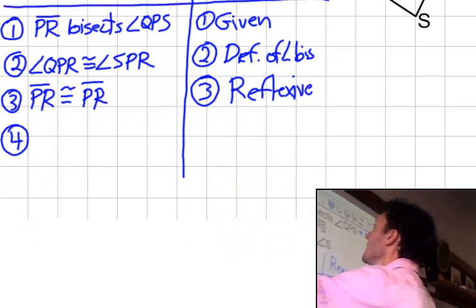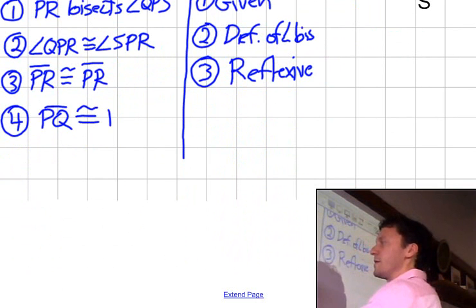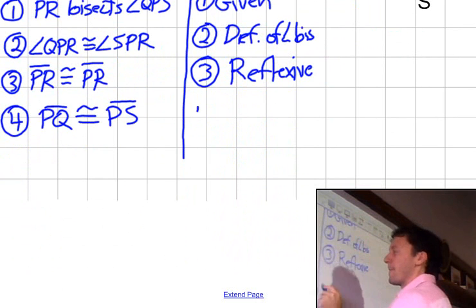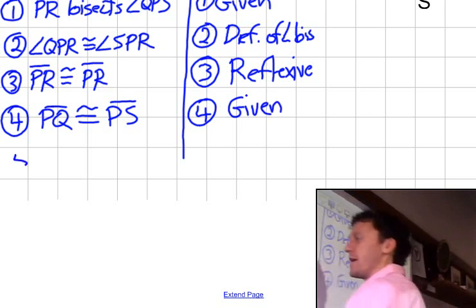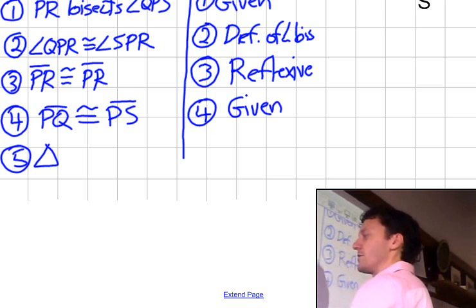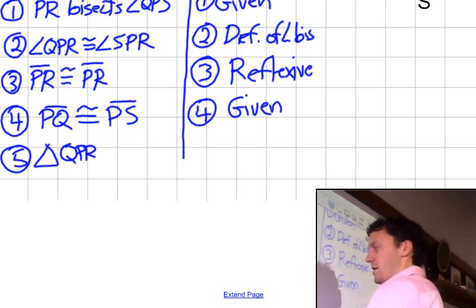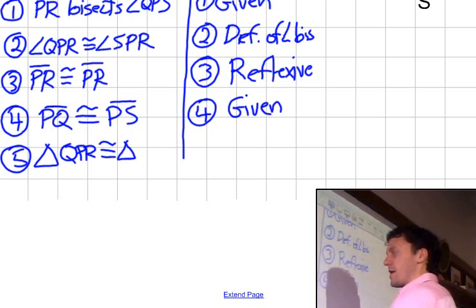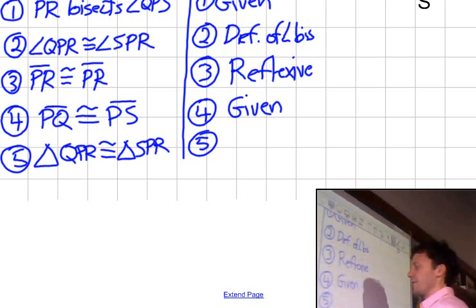It was given to us that PQ is congruent to PS. So that is given. All right. So now finally I can say that triangle QPR is congruent to triangle SPR, and that is because we found a side, an angle, and a side.